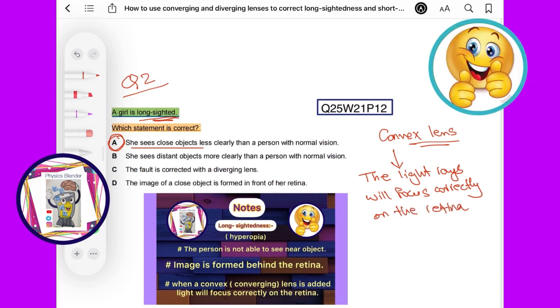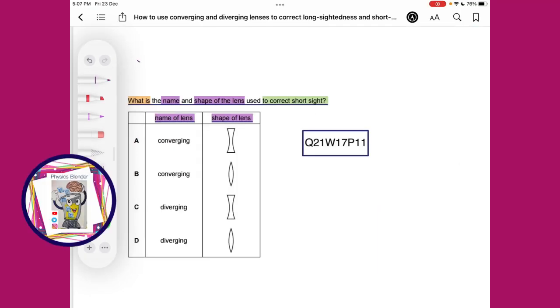What happens in long-sightedness? The image is formed behind the retina. Is it clear?